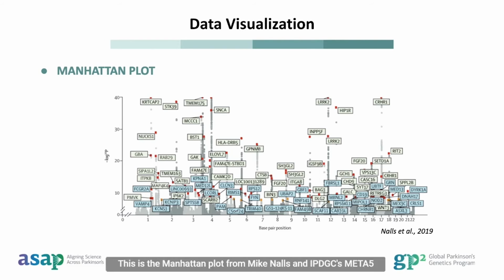This is the Manhattan plot from Mike Knowles and IPDGC's Meta-5 Parkinson's disease GWAS manuscript. Instead of a line to signify the threshold, they opted to color code genome-wide significant SNPs, with the nearest protein coding gene annotated. Each SNP here is a point, separated by chromosome on the x-axis.